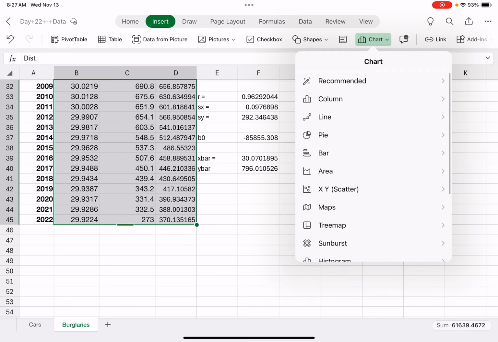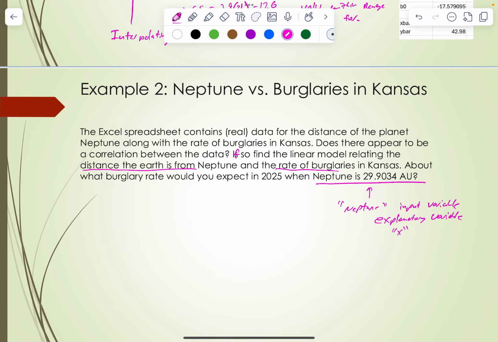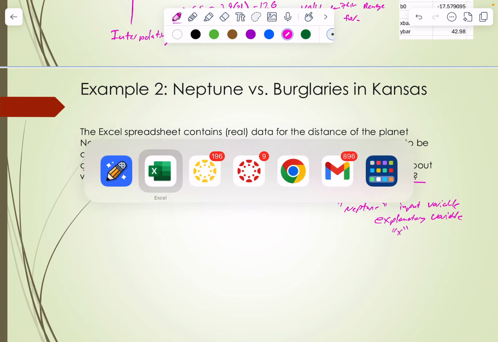So you can see that the orange ones, again, are a very good approximation of the blue ones, of the data. Okay, now what was asked of us? We were to find what value I would expect when Neptune is 29.9034 astronomical units away.